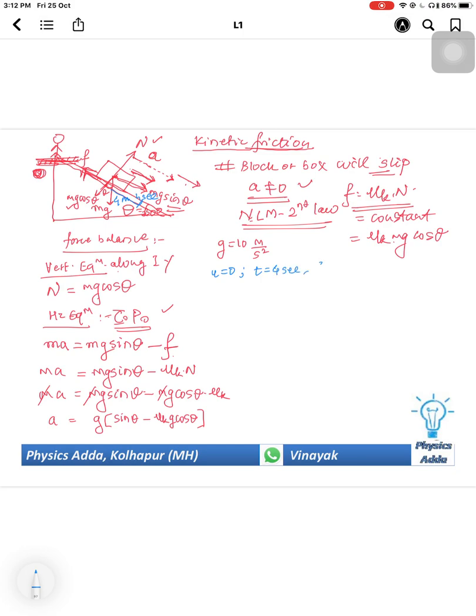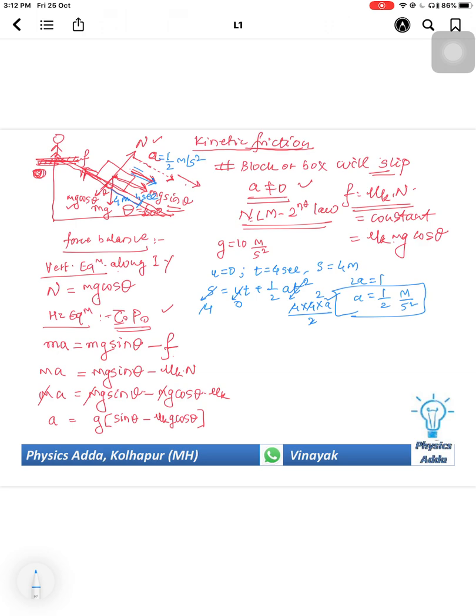So S is equal to ut plus half at square. S is 4, u is 0, t is 4. So this is 4 into 4 into a divided by 2. This becomes 8a, so a is equal to 1 by 2 meter per second square. This is the acceleration with which the block is slipping, half meter per second square.